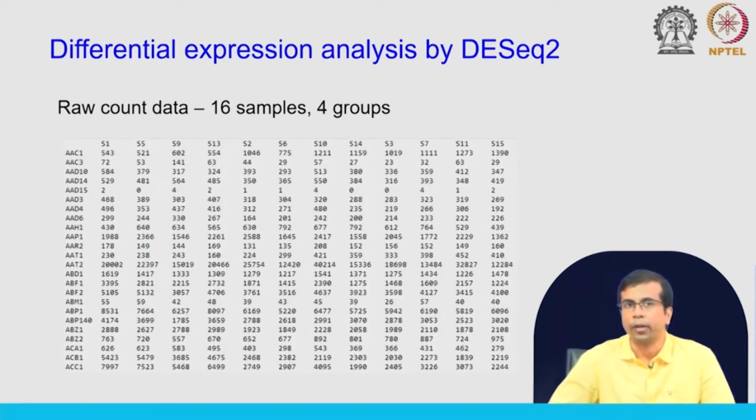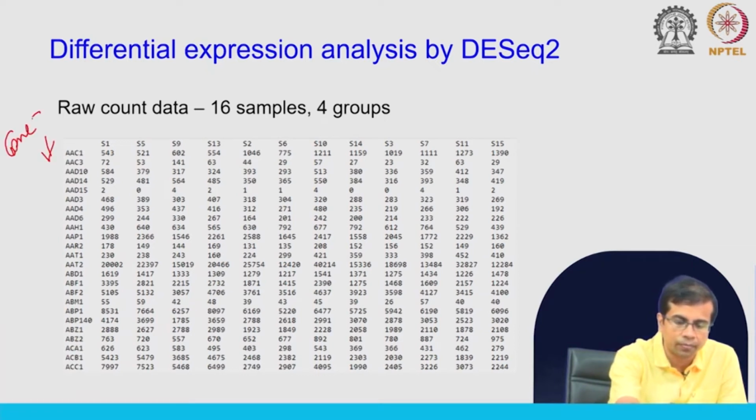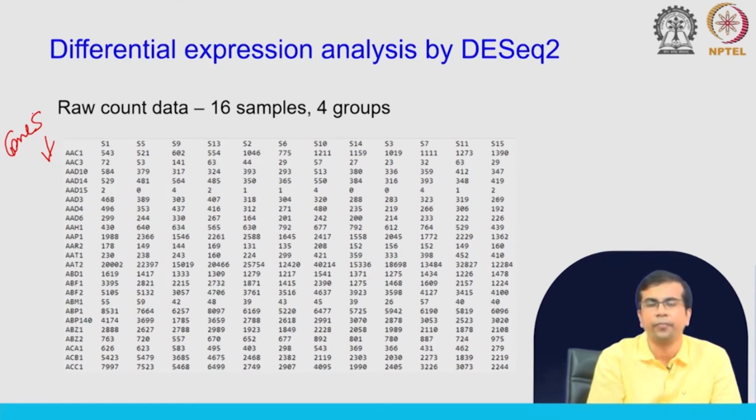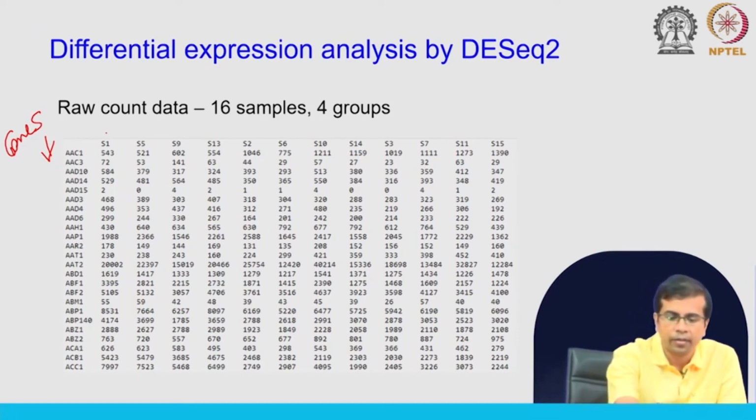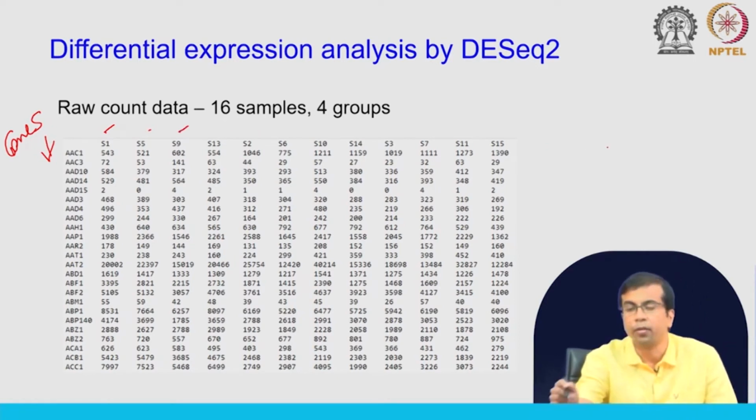This is the raw count data, right. So, what you can see here is that the leftmost column has the gene names, right. So, these are the genes here, and here are the samples, right. So, starting from S1, S5, S9, okay, and up to there will be a total of 16.